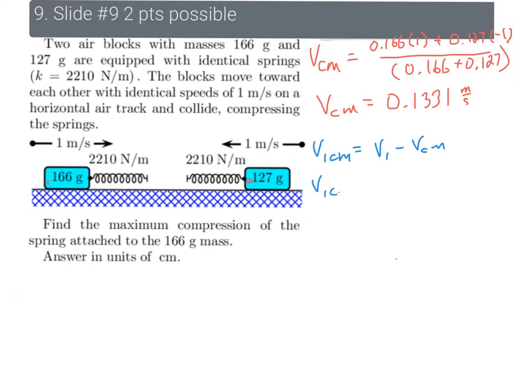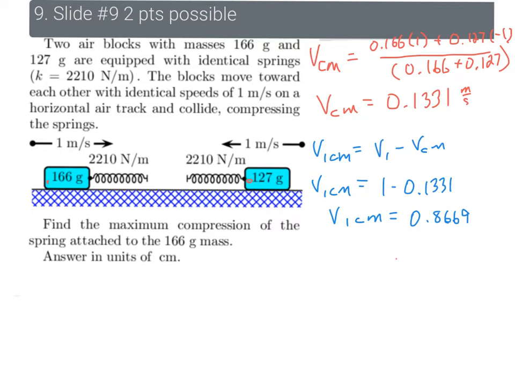So v1 cm, in other words, velocity 1 in this frame of reference, is going to be 1 minus the velocity of the center of mass, 1 minus 0.1331. So v1 cm would be equal to 0.8669.